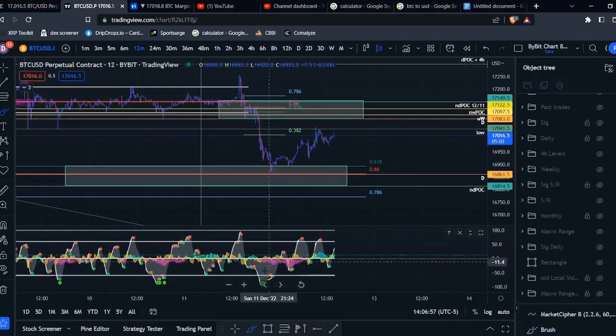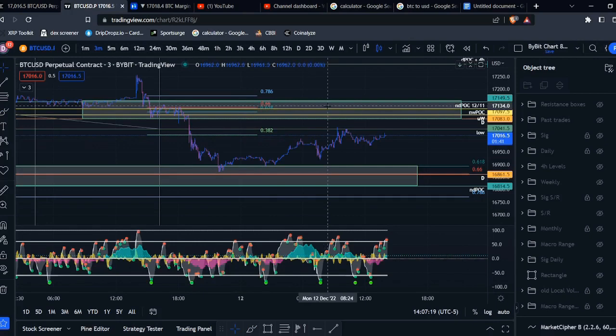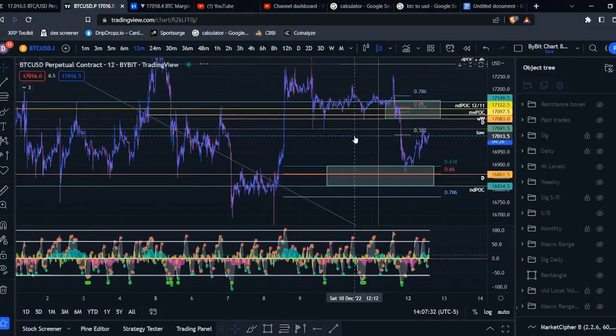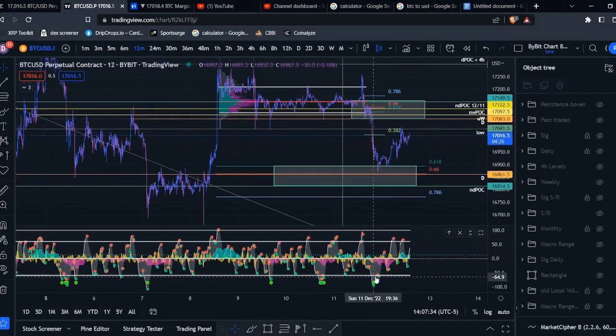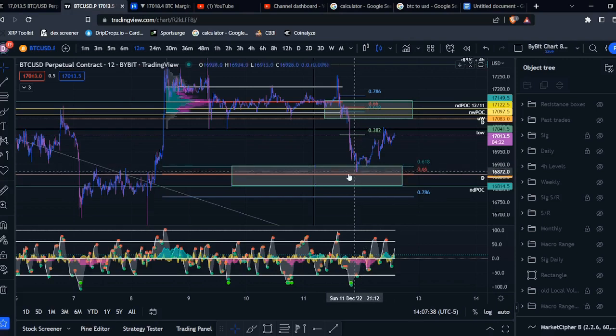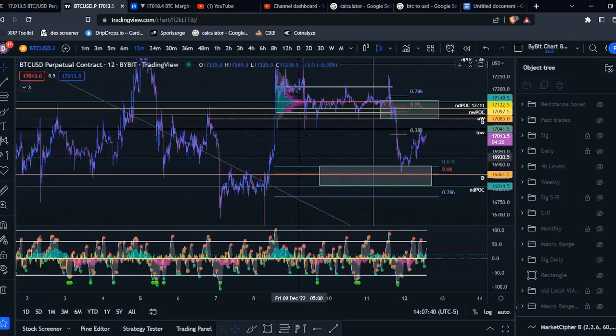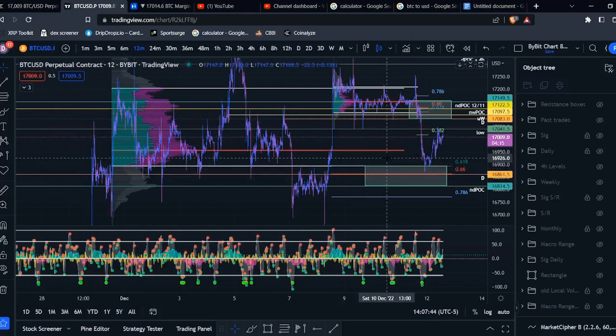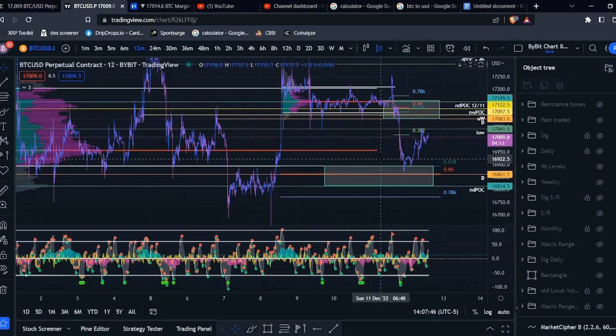If that bull div is going to be valid, it's hard to tell sometimes, but sometimes the smaller time frames can really help you understand what the medium or larger term time frames are going to do. And the more I've been trading, the more I've gotten a feel for it. This was a tough trade to take, even though pretty much all my confirmations were met. It was still a little tough. There's never going to be a really easy trade to take.